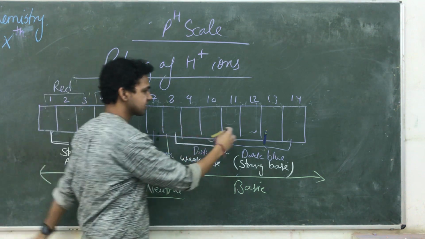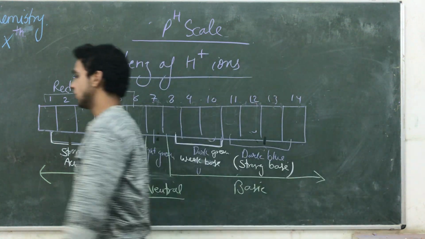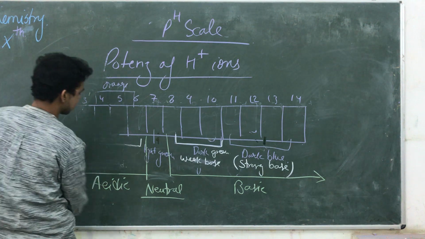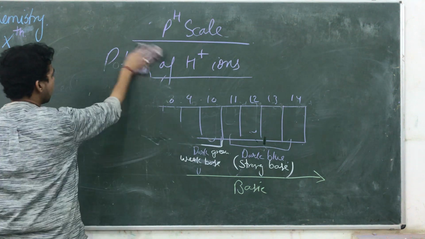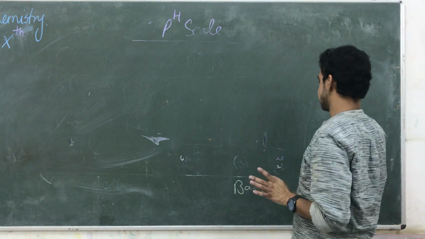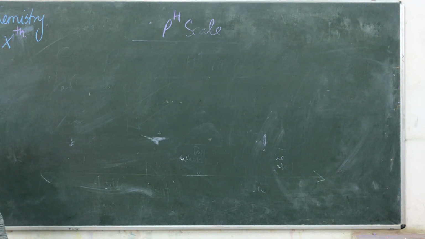I am giving you some examples of these pH values. Sometimes in exams they give you examples and ask you to find out the pH value, whether acidic or basic. If I give you a salt and ask you to find out its pH value, how can you find it? I'm just giving you one example.